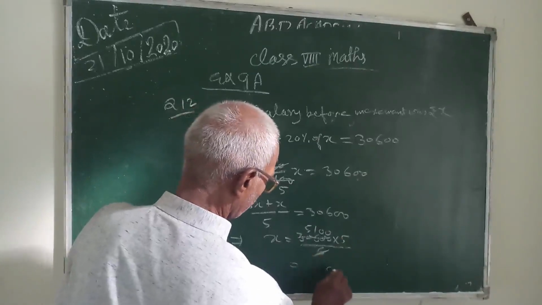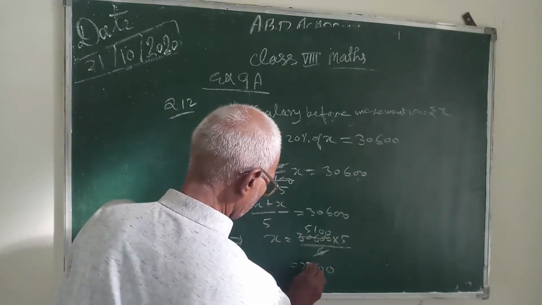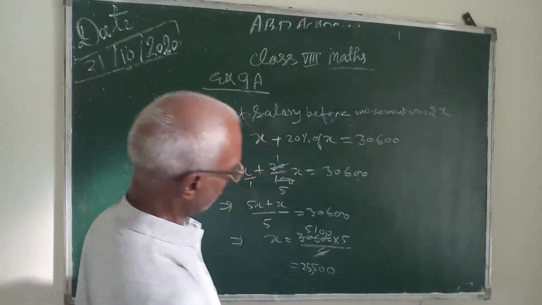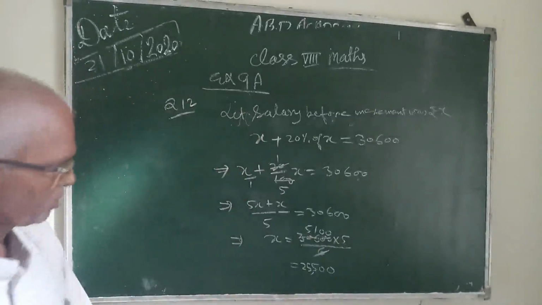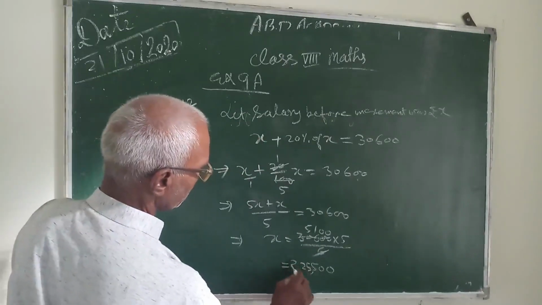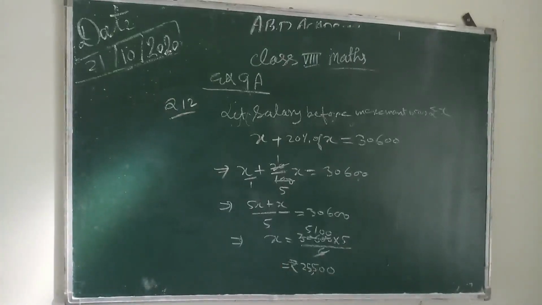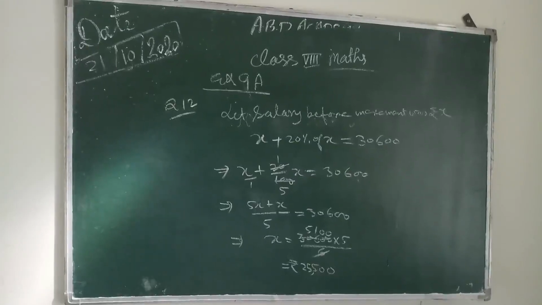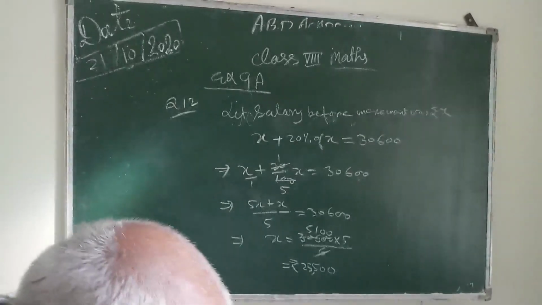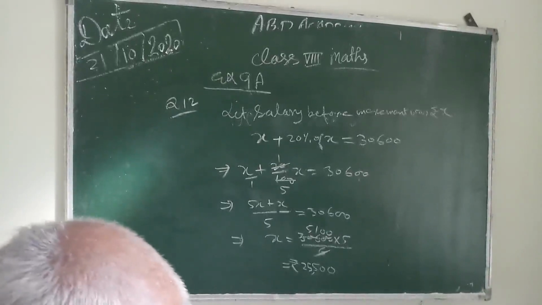It becomes 25,500. So his initial salary was 25,500, and now by giving 20% increment, his salary becomes rupees 30,600. So this is very much applicable in this chapter in calculating increase, decrease, or anything which will be very much applicable in your life.